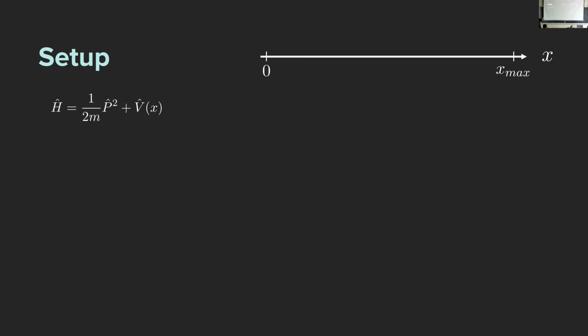So x is going to be diagonal in the computational basis. V of x, since it's a function of x, is also going to be diagonal in the computational basis. And then the momentum operator is going to be, as in the continuous case, the Fourier transform of the position. And here QFT is the quantum Fourier transform, so in the qubit space, that's just the equivalent of the Fourier transform.